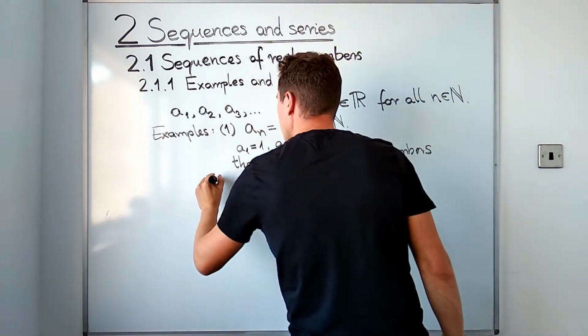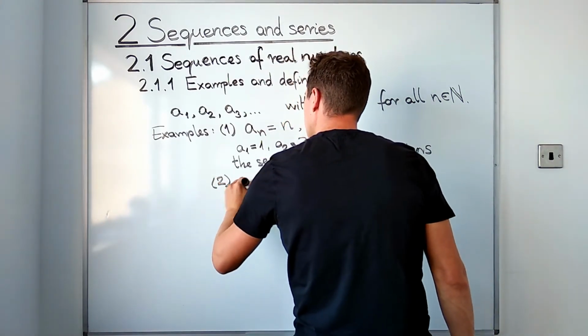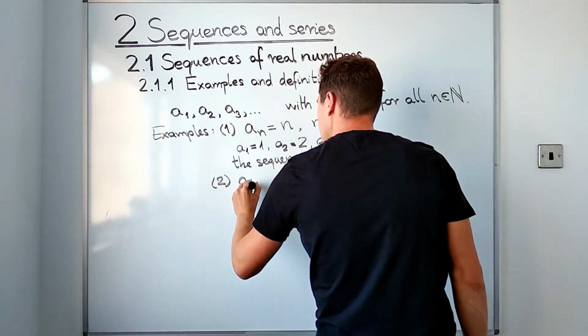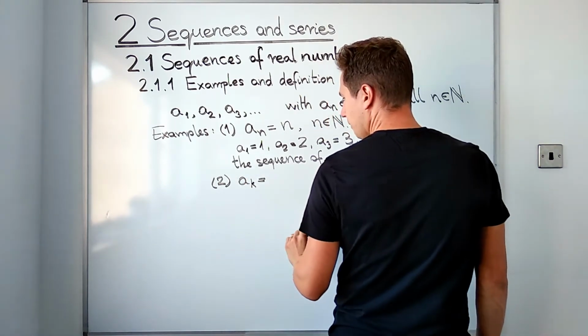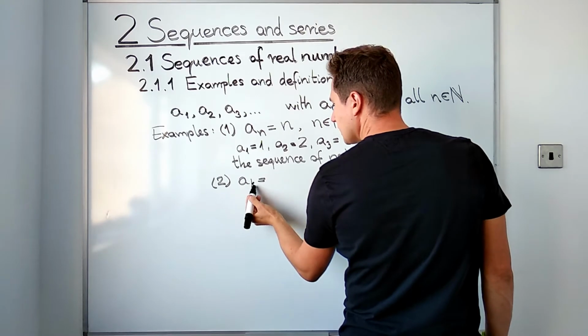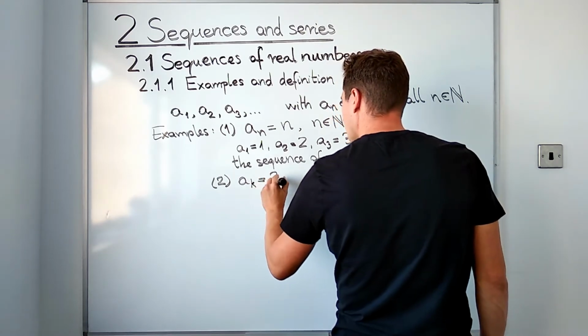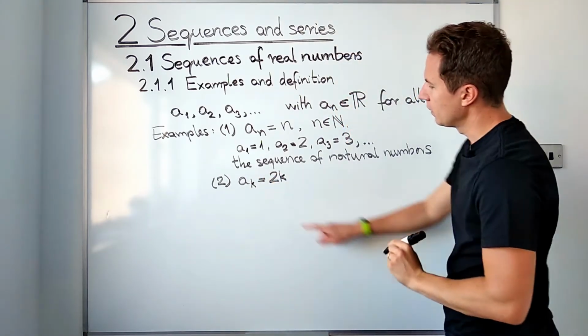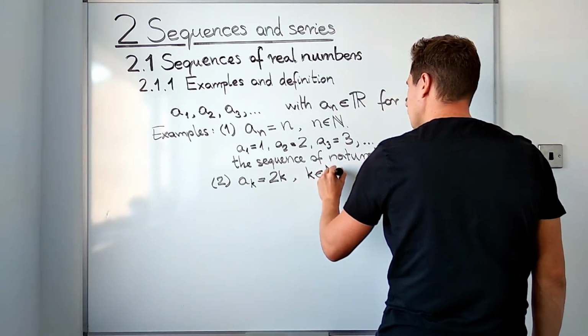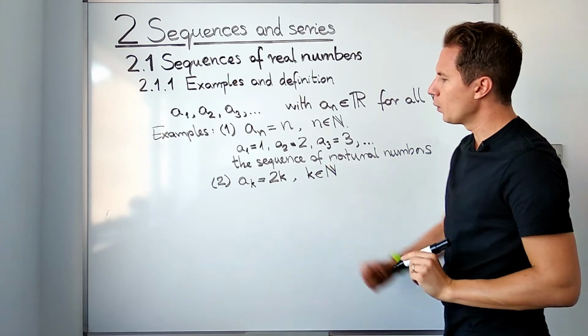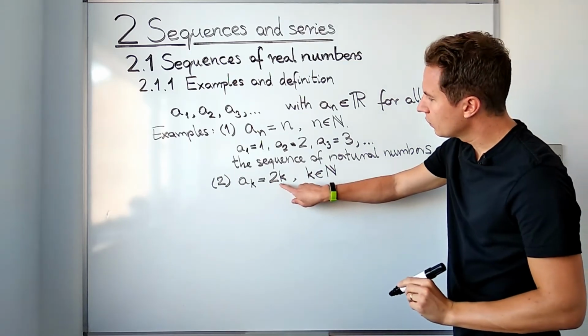Well, let me give you another example. Let's use this time the letter k for the index, and I would look at the sequence which has the kth term being equal to 2k. Again, k runs through the natural numbers. So what is this sequence? Well, it's just double the index.